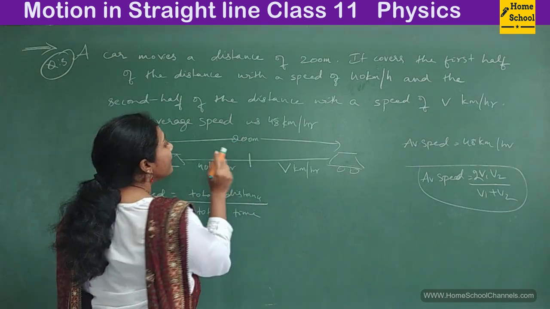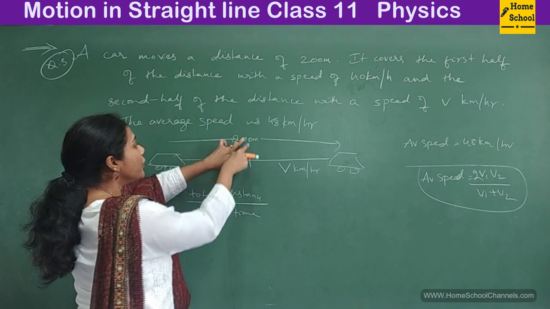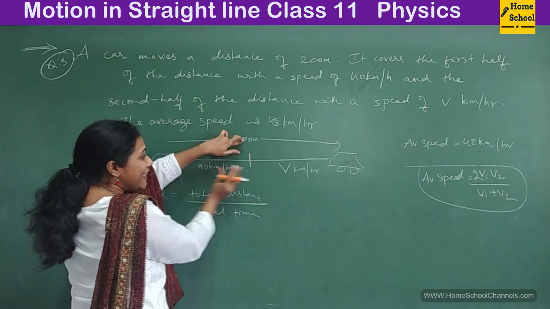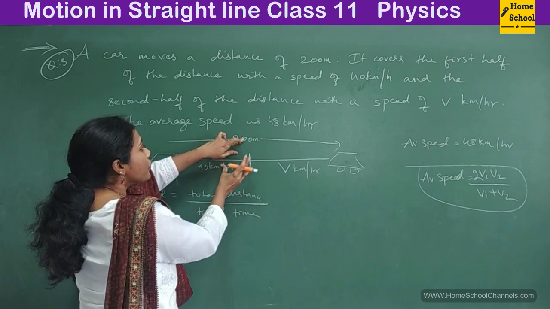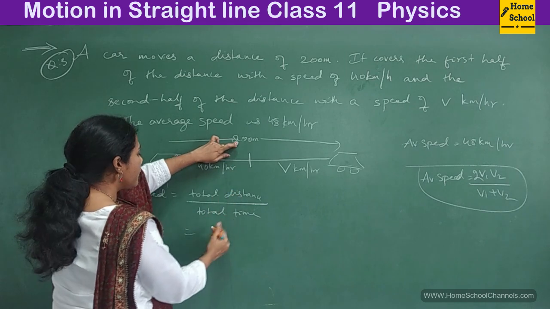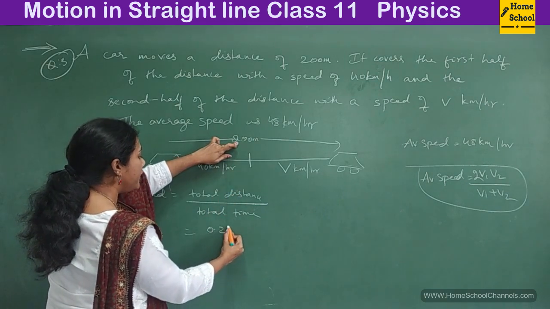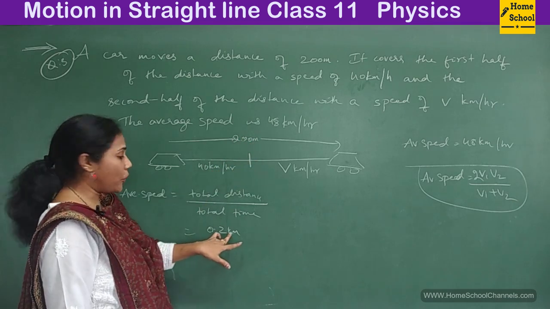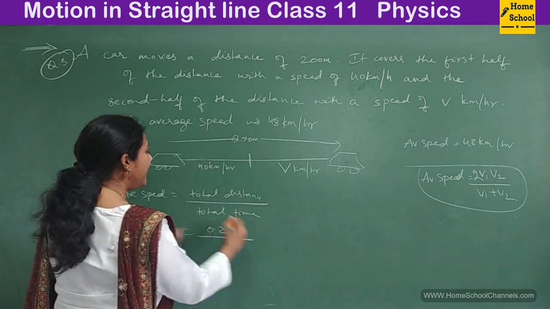Total distance they have given is 200 meters, but you see the units of speed, guys, they have given it in kilometers per hour, right? So convert meters into kilometers. I can take it as 0.2 kilometers, right? 200 meters means 0.2 kilometers, divided by total time.